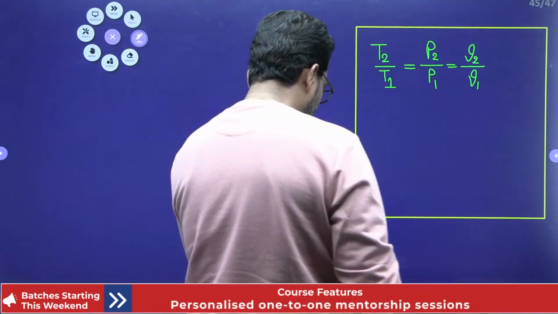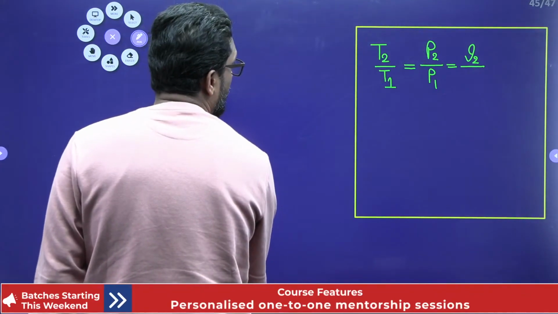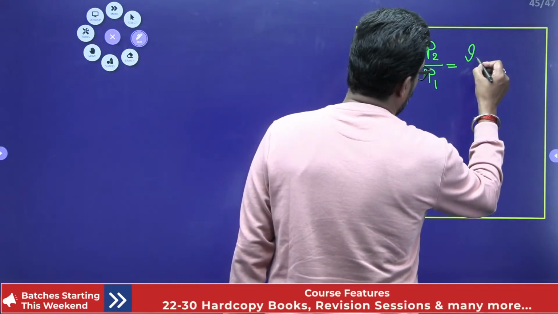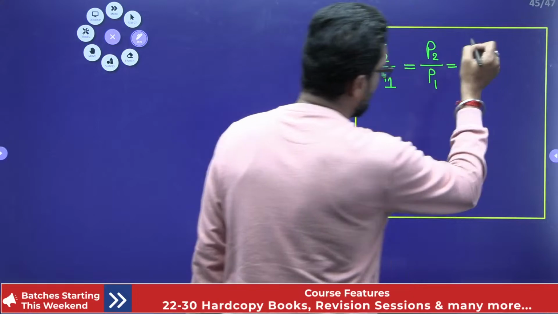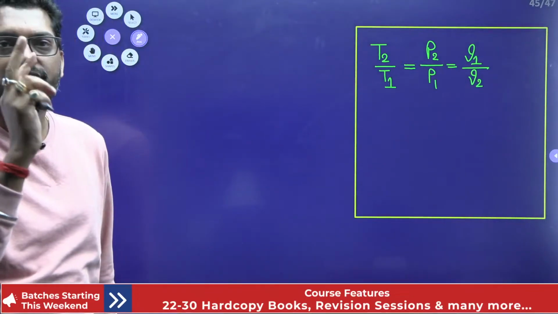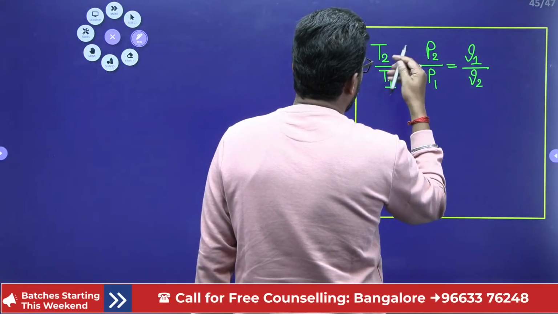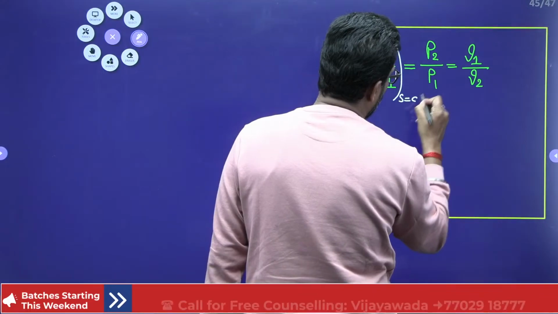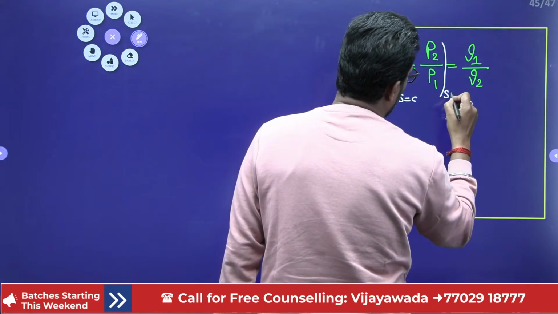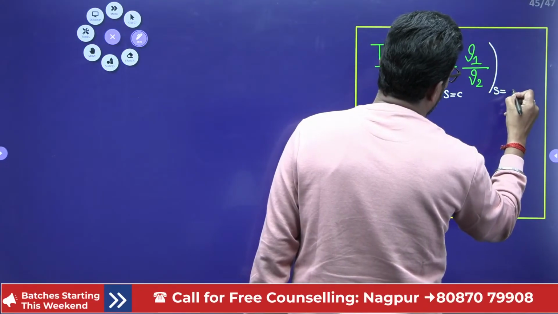And all are in the isentropic process. That means you can write V1 by V2, because P and V are in a product relation, so it is inverse. And these all are at constant entropy.